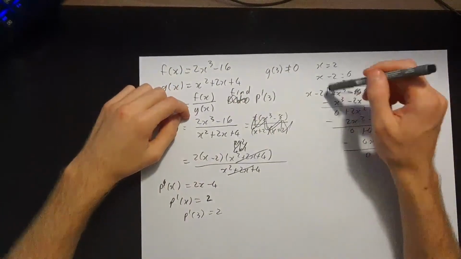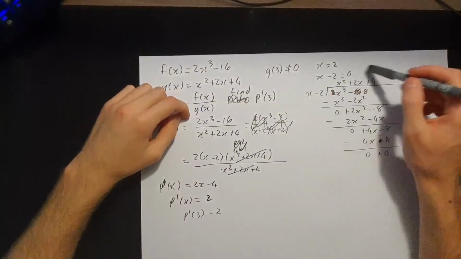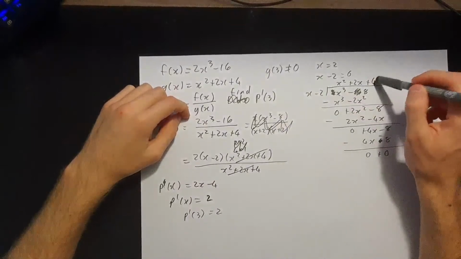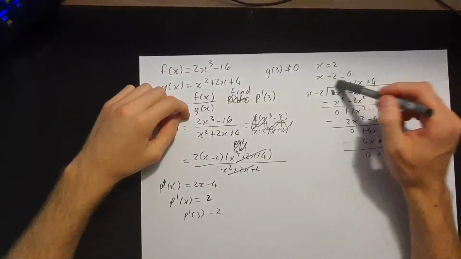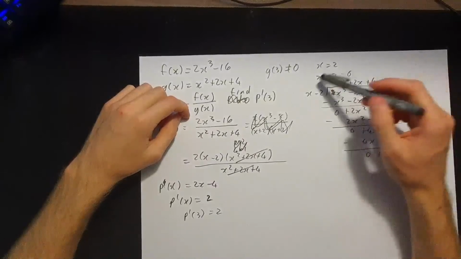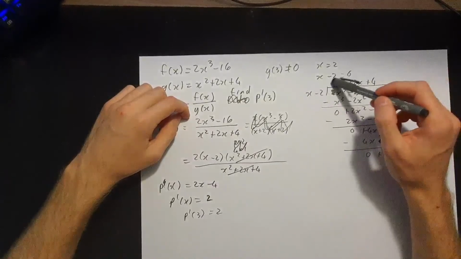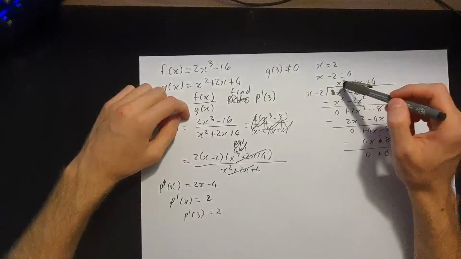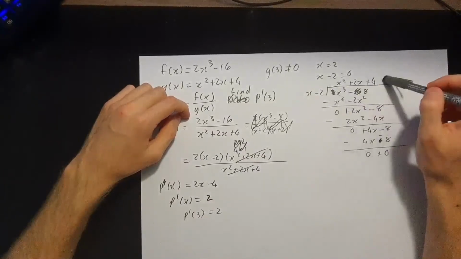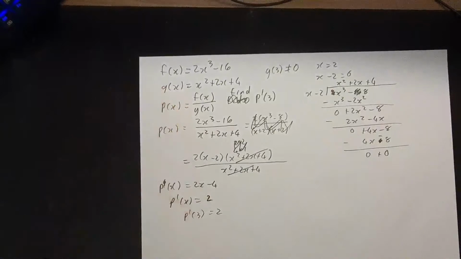So therefore we know that one root is at x minus 2. Now we need to find the other polynomial that we need to factorize in order to find the other 2 roots. So we do long division with that to get the second one.